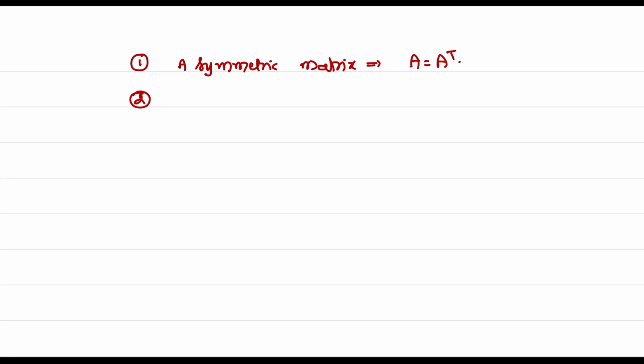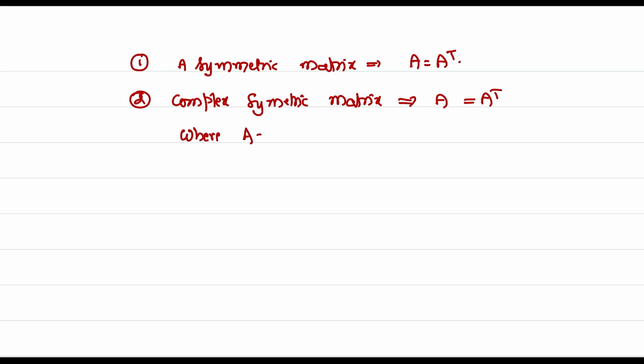Under this we will define complex symmetric matrix, which implies A is equal to A transpose, where A is a complex matrix. I have told you a complex matrix is a matrix which has complex numbers as elements.